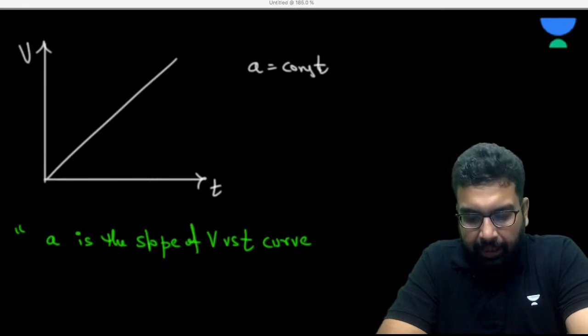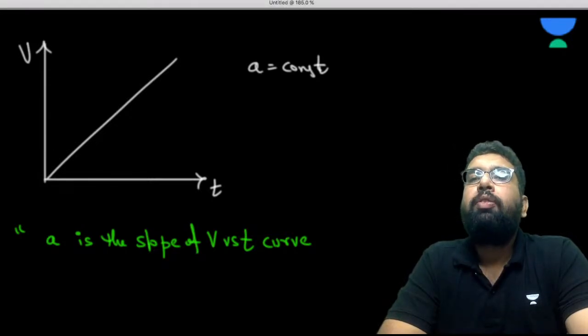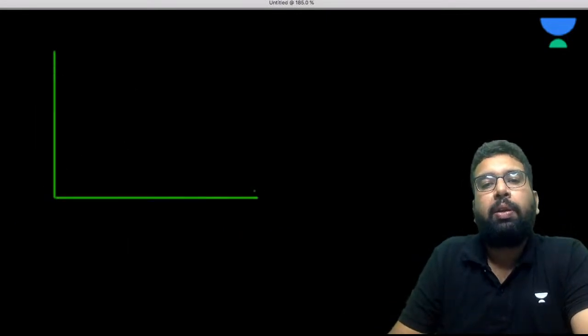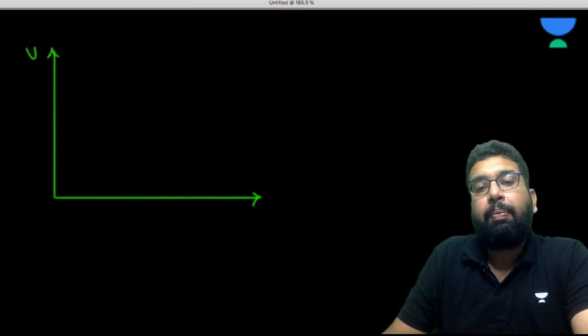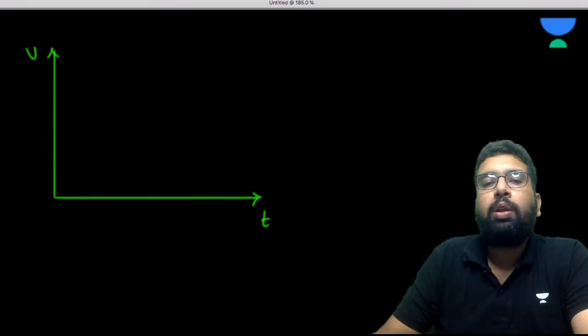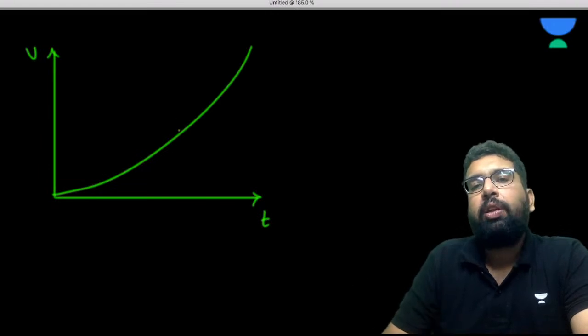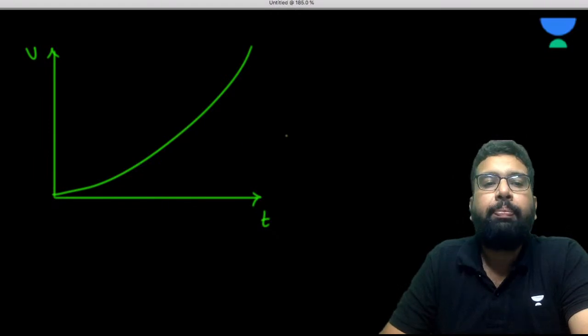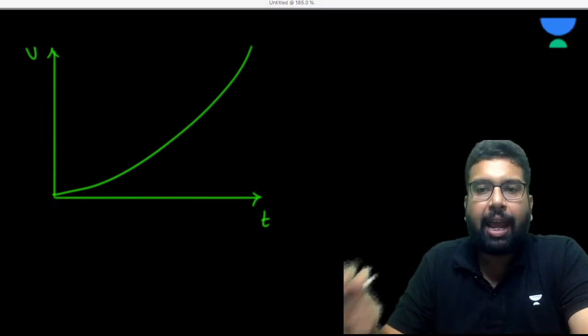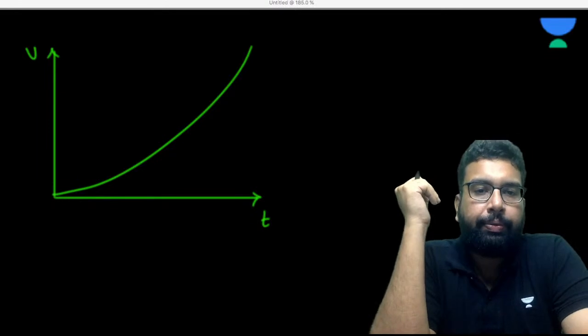Now, similarly, from seeing the velocity versus time curve, if it goes like this, please observe. In upcoming sessions, we are going to use all these concepts, but I am just going to give you a glimpse of it. If this is the velocity versus time curve, can you comment on what is happening to the acceleration with respect to time?